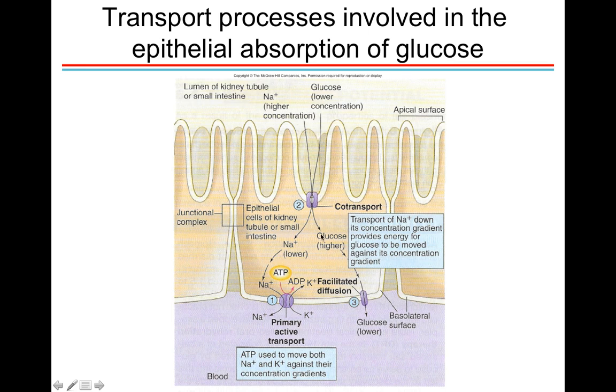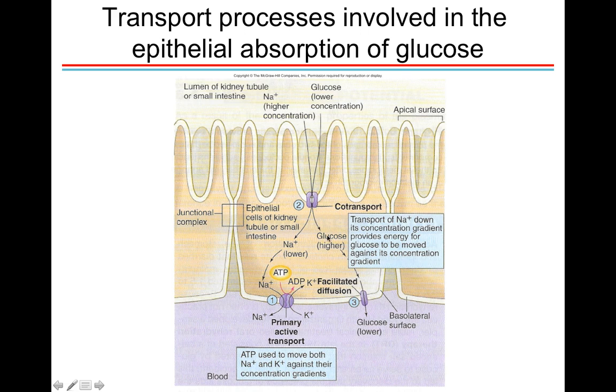So to get the glucose in, our intestinal epithelial cells are going to use the energy provided in the sodium concentration gradient to bring in glucose into the cell. That glucose, even though it's going against this concentration gradient, will be brought into the cell via cotransport by the sodium glucose cotransporter.